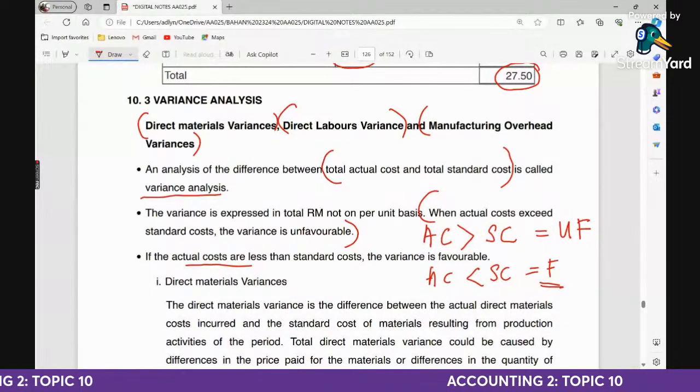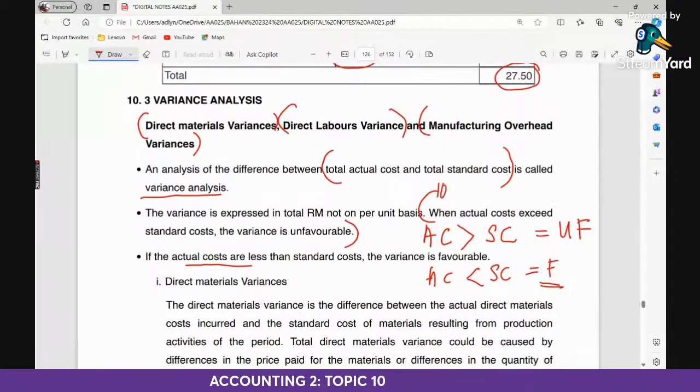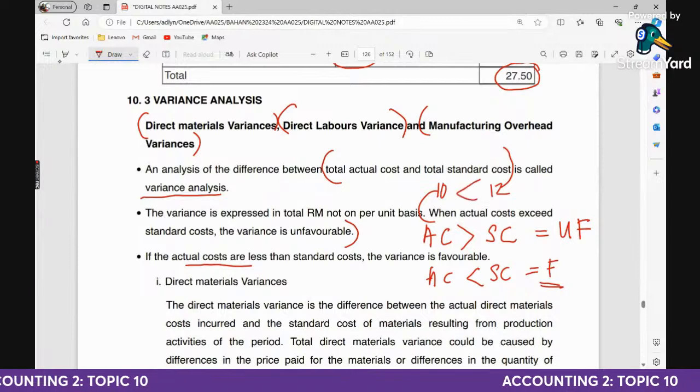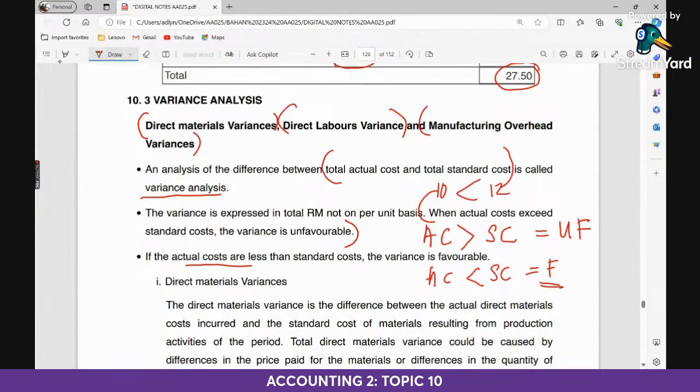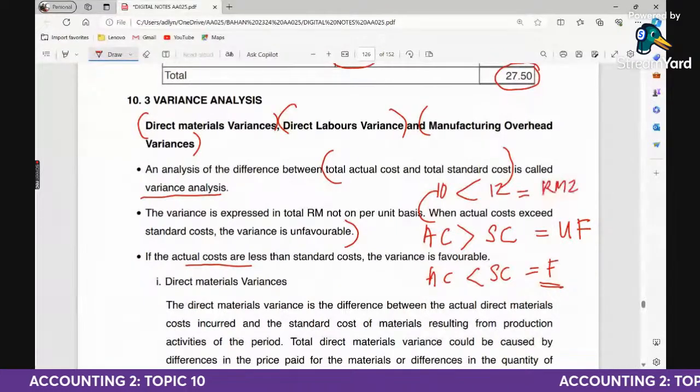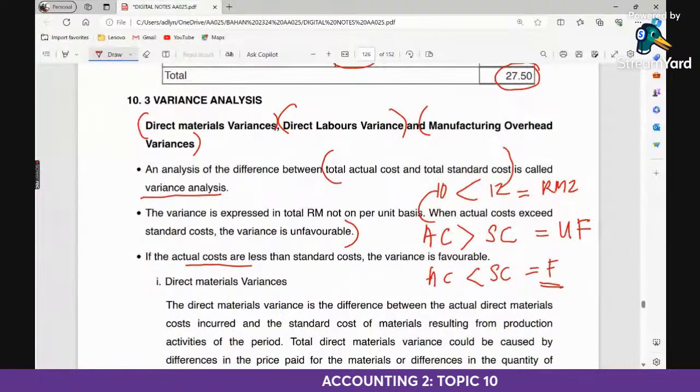Okay, let's say your actual cost ialah RM10. Okay, your standard cost ialah 12. So actual cost lebih kecil daripada standard cost. Okay, so dia kecil sebanyak berapa? Dia akan kecil sebanyak RM2 kan? Tapi I nak kena tahu RM2 tu favorable ke unfavorable. So itu yang kita maksudkan dengan analisis.